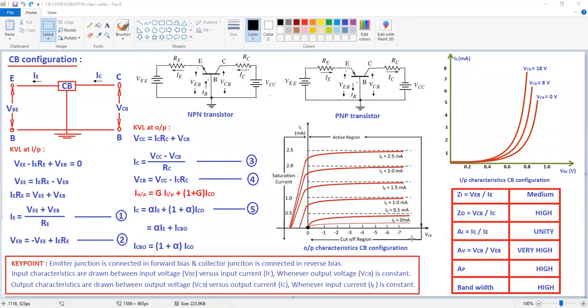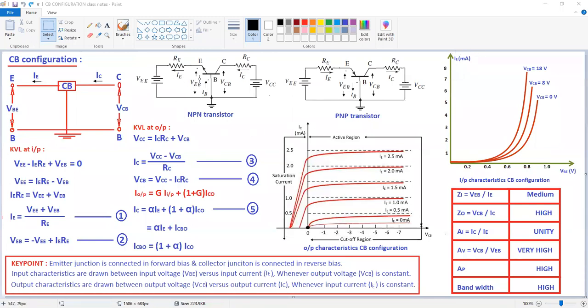If you want to draw this input as well as output characteristics, always the input characteristics are drawn between the input voltage versus input current. See here, VEB is your input voltage and IE is your input current for the common base configuration.